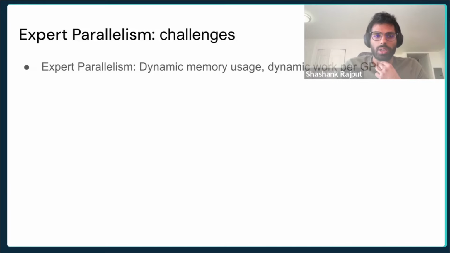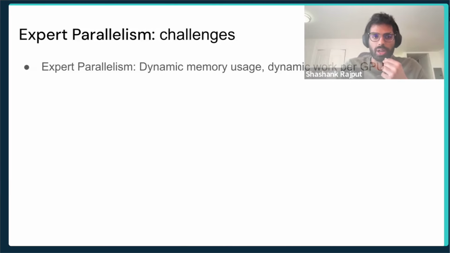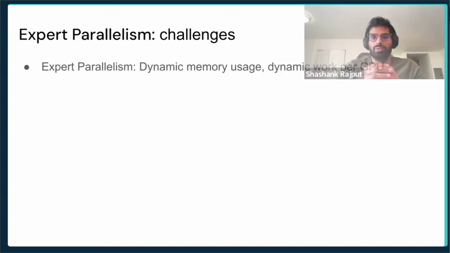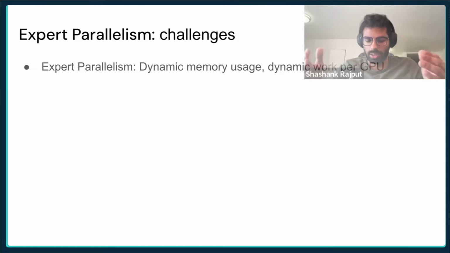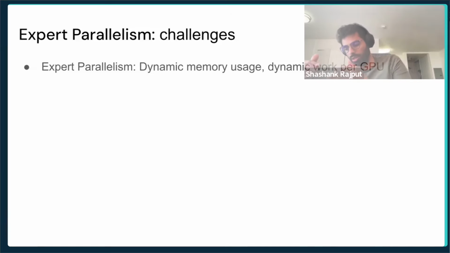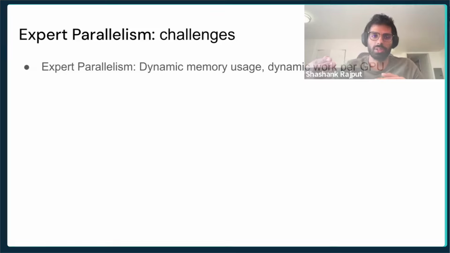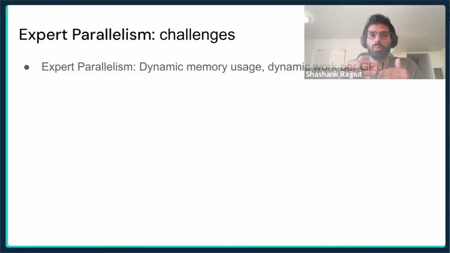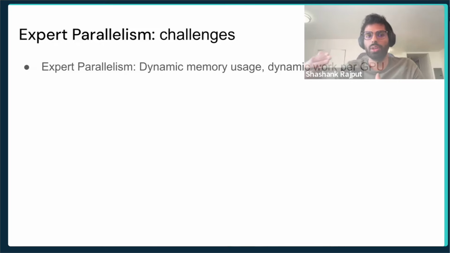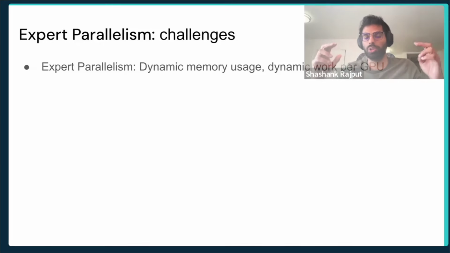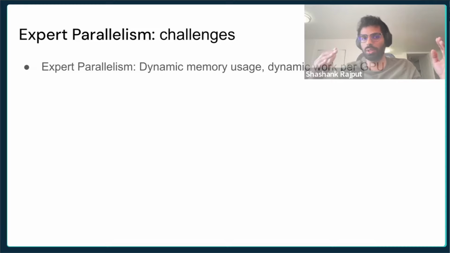So what are the challenges of training with expert parallelism? As we've seen, let's say in the simplest case you have one expert per GPU, right? But in reality, what happens is you do not route the same number of tokens to each expert. In fact, there's an imbalance almost always. Some of the experts would be more popular; they would be receiving more tokens than the others.